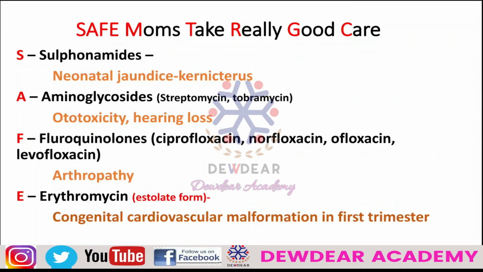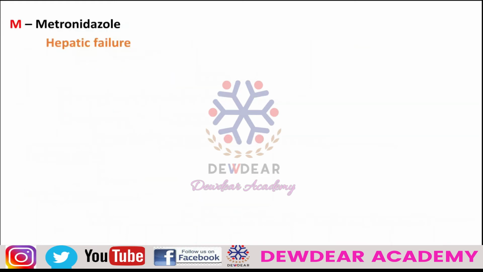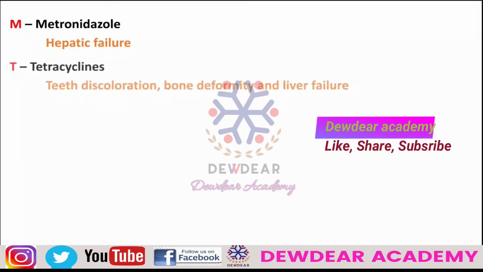The next is erythromycin, mainly the estolate form, which causes congenital cardiovascular malformations in the first trimester. Then M is metronidazole, which causes hepatic failure in babies.